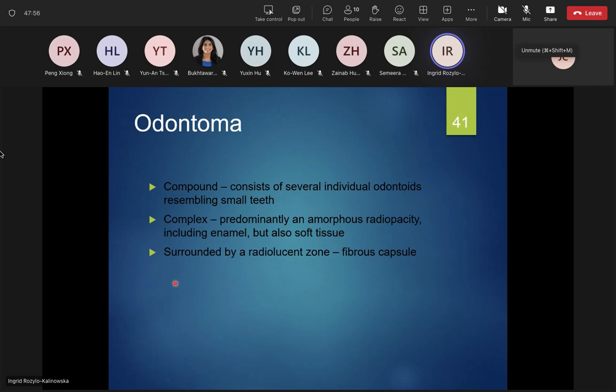And complex is predominantly an amorphous radiopacity, and it includes mixed tissues, mostly enamel. But anyway, this is the only tumor which is made of all three types of tissues forming the tooth.